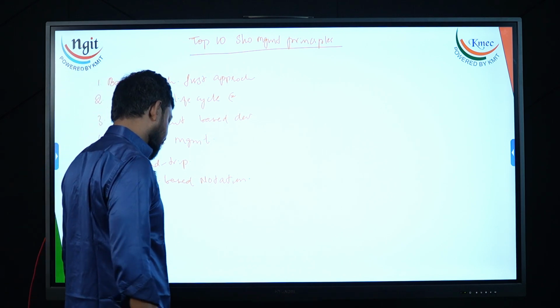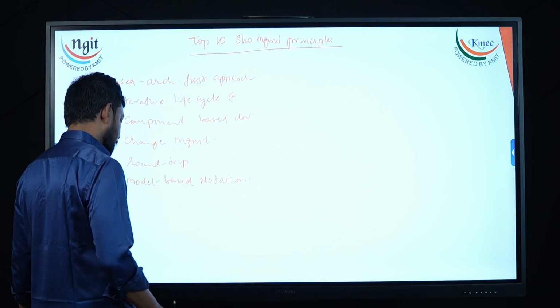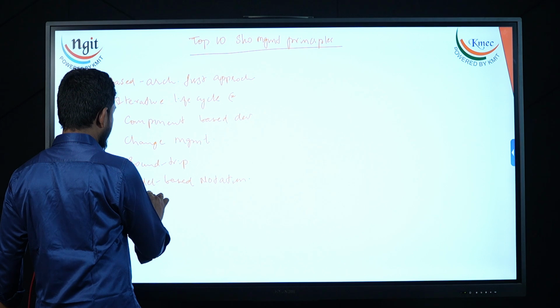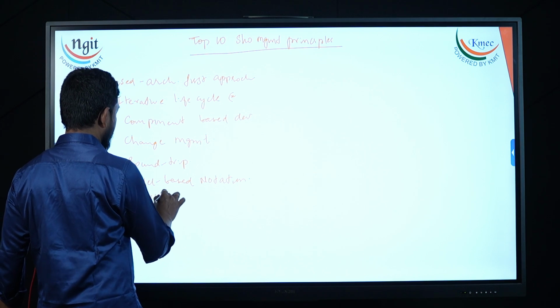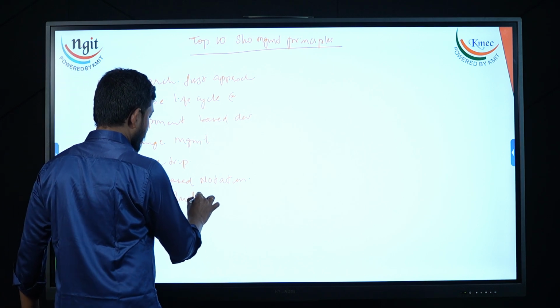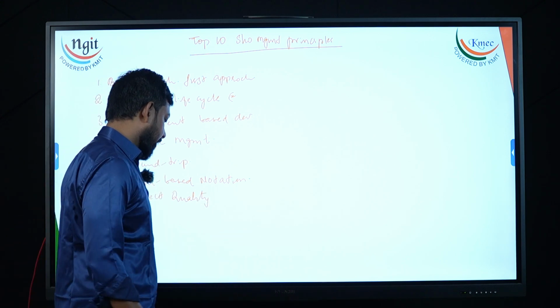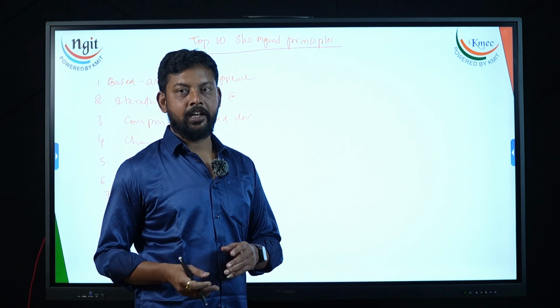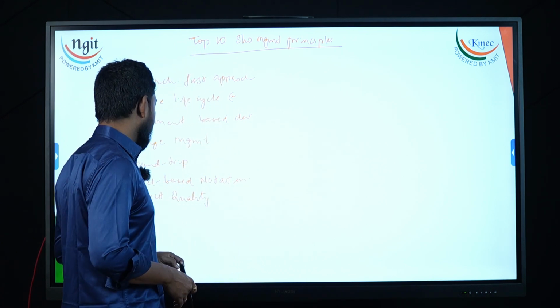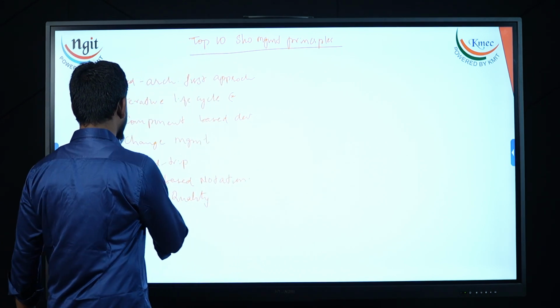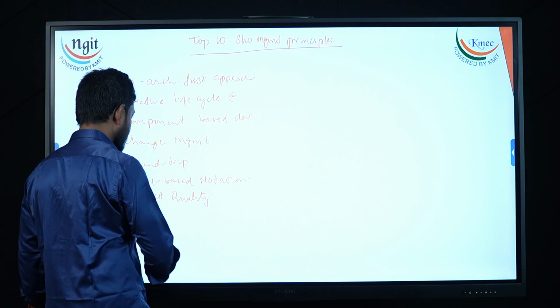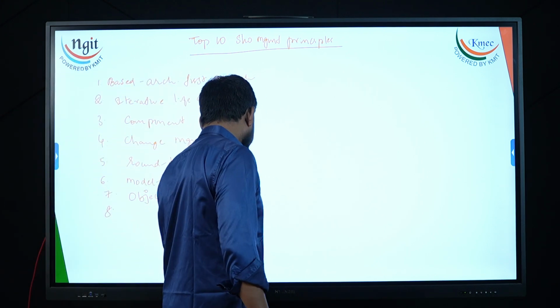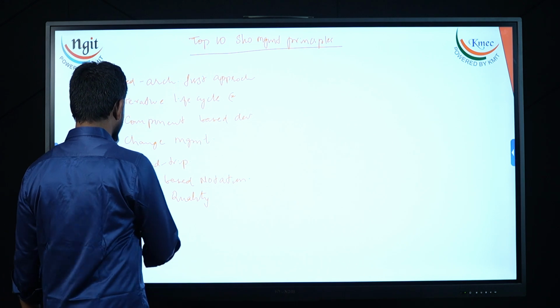And seventh, you go with working on object quality. This will help you in creating a quality project, and the objectives of this particular project can be justified by using your modern approaches. Eighth, you go with demonstration based approach.